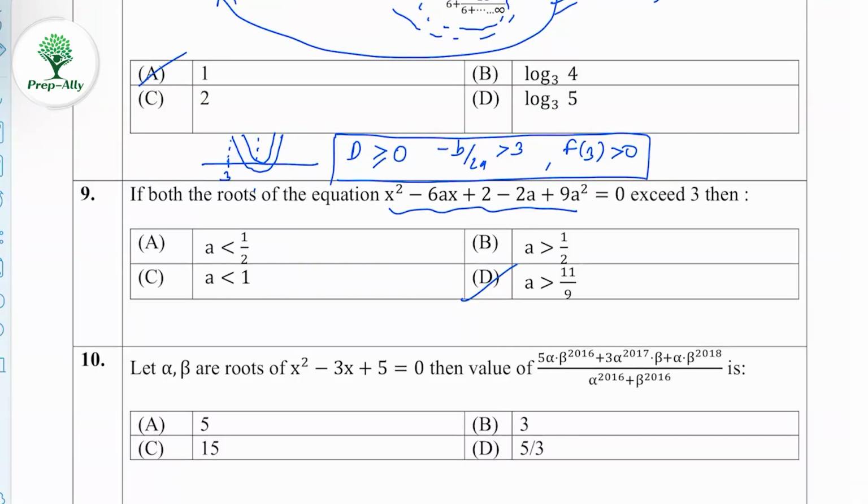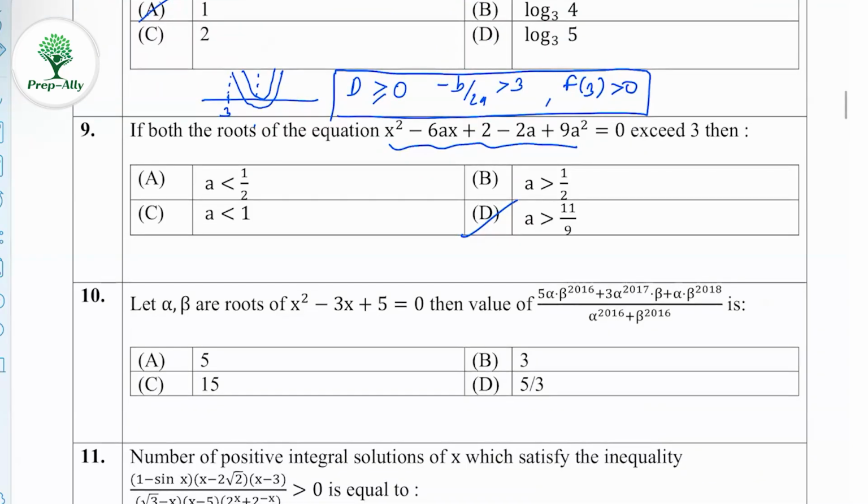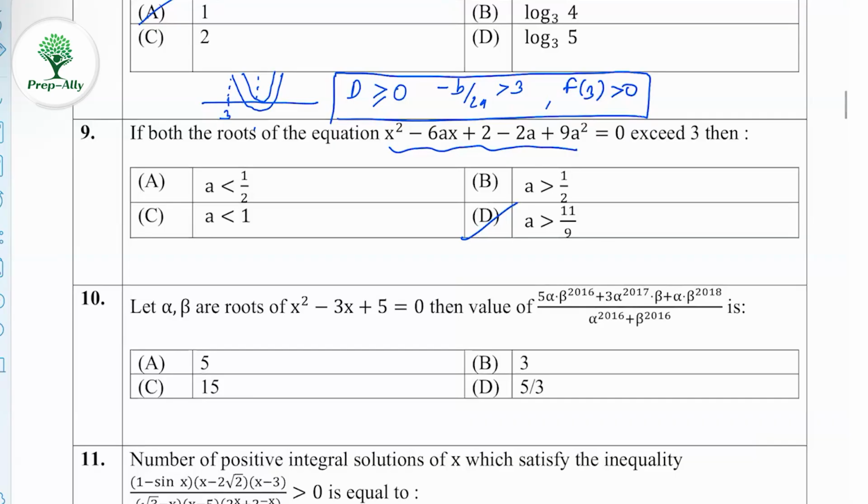Okay. Tenth question: let alpha and beta be the roots of this equation. Then the value of 5 alpha beta power 2016 plus 3 alpha power 2017 beta plus alpha beta power 2016. So see, what can I take common? First I can take common alpha beta from the numerator.